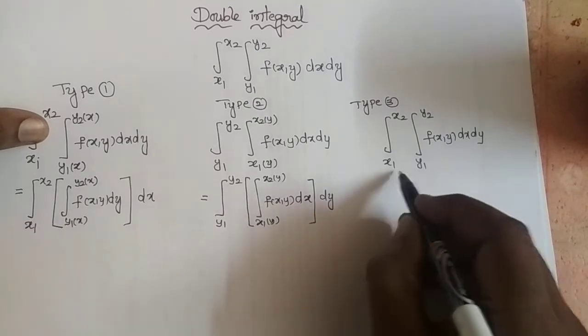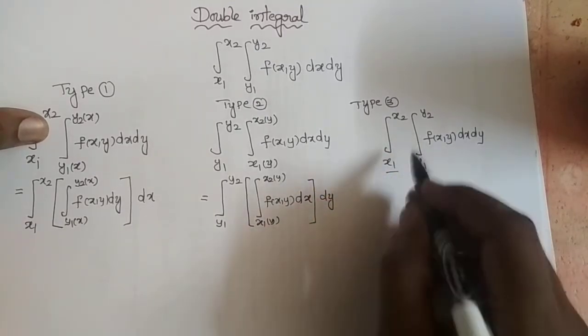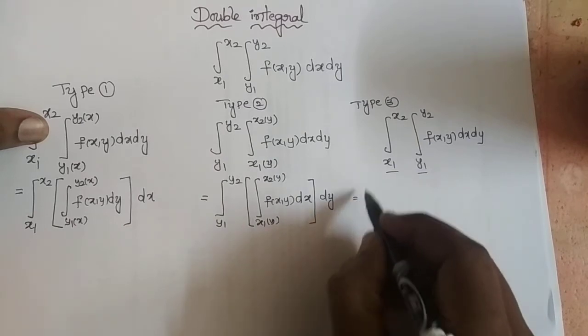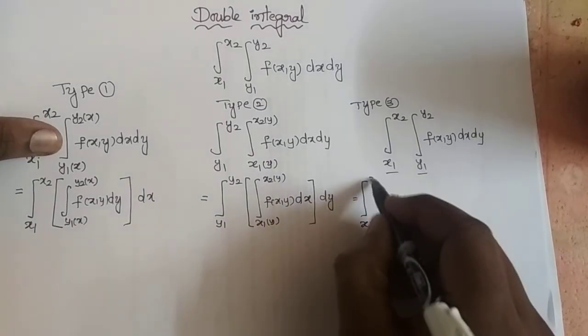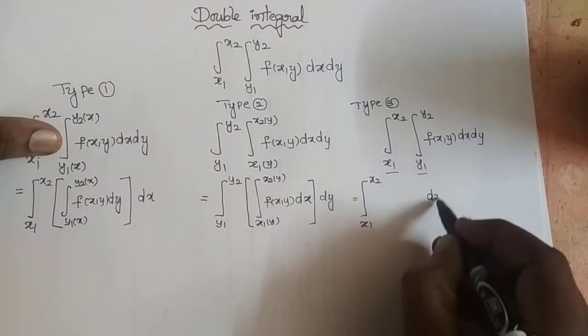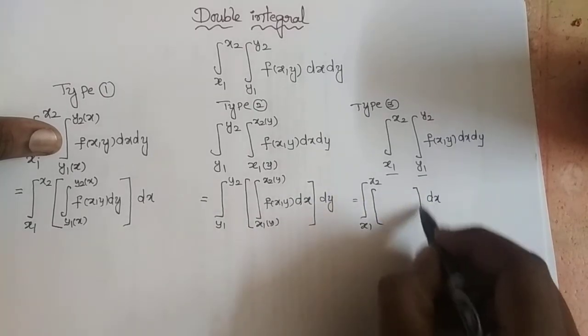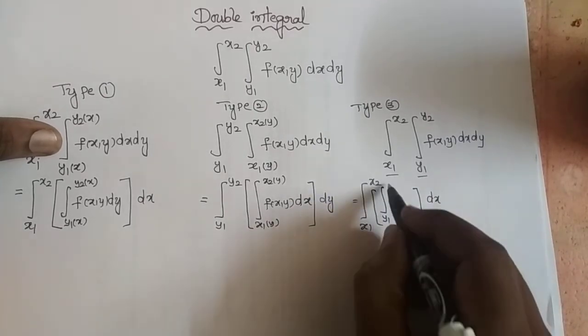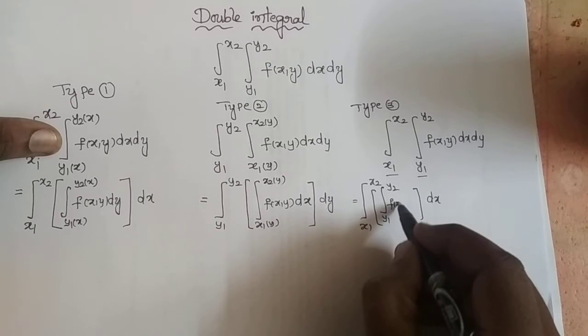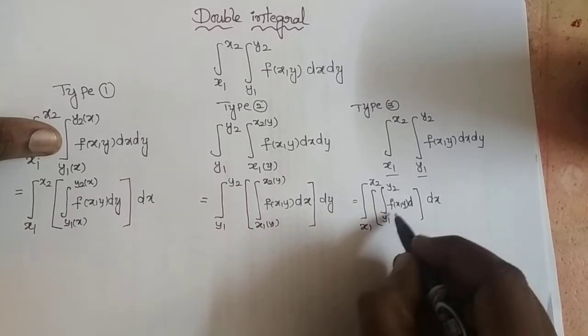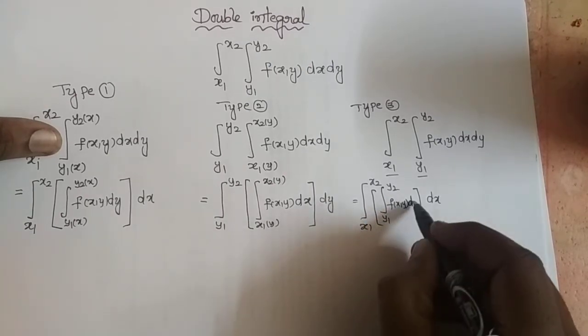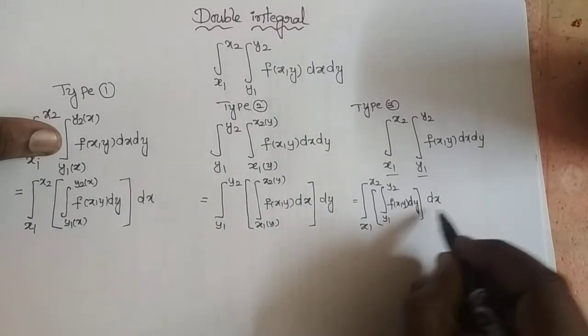And then in type 3 we can consider either x's as boundary or y's as boundary, because all are constants. So we can follow two formulas. Integral x1 to x2, you fix x first here, and between this, integral y1 to y2 f of x comma y dy, because the limits belong to y, that's why we integrate with respect to y first, then x last.